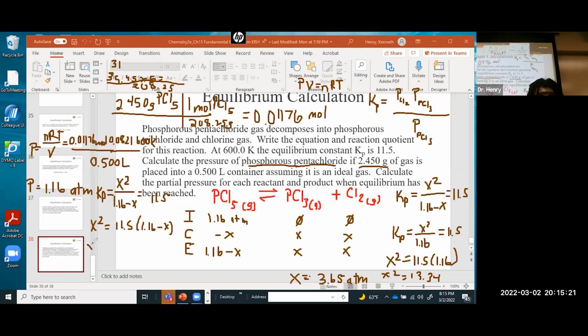So we'll get x squared equals 13.34 minus 11.5 times x.